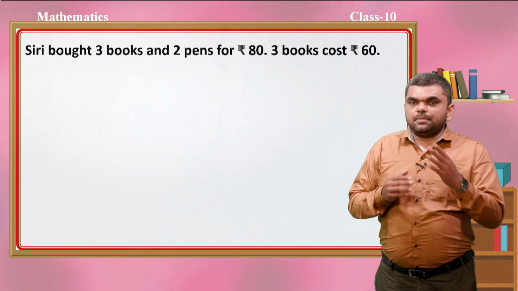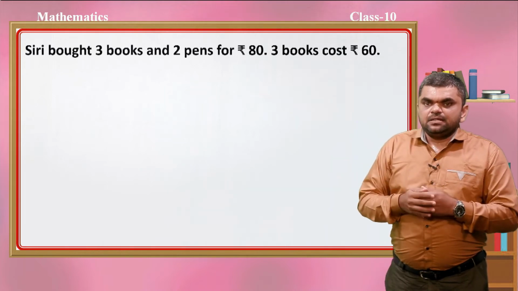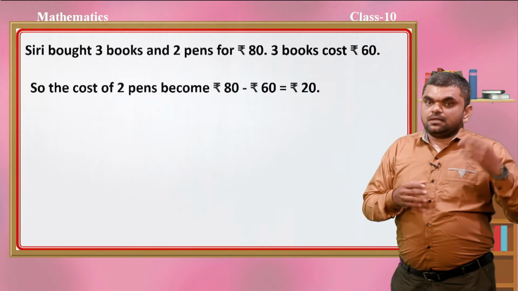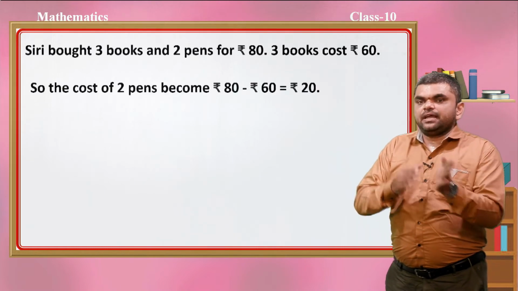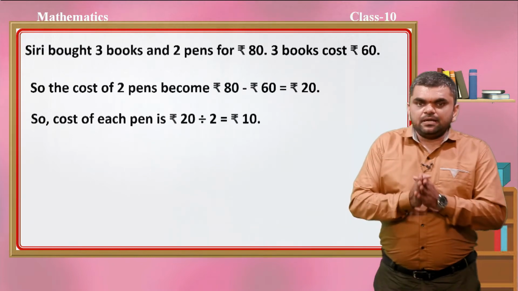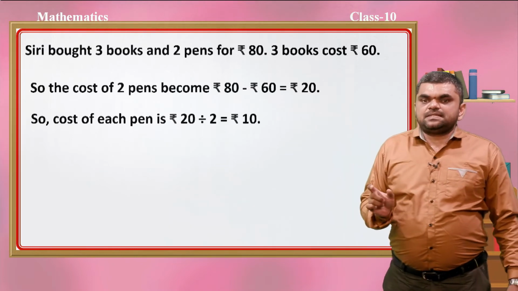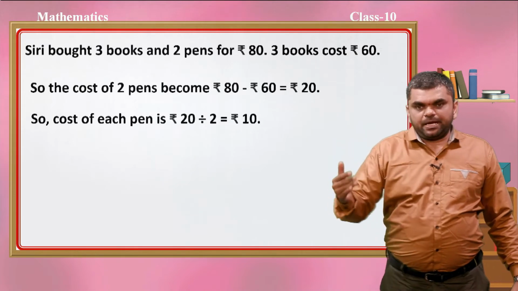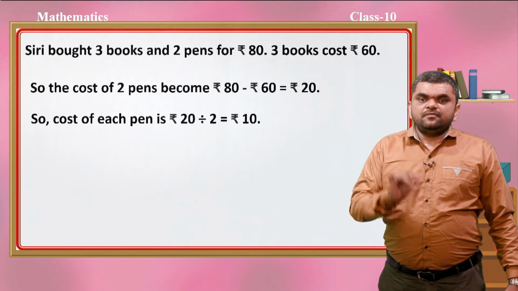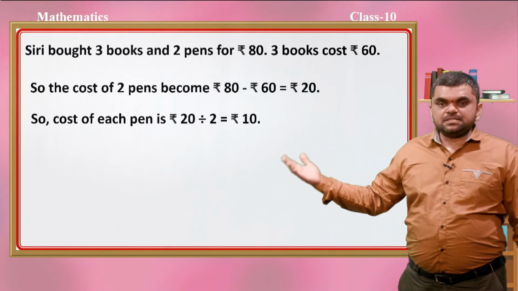Here Siri bought 3 books and 2 pens for 80. 3 books cost 60 rupees, whereas the cost of 2 pens becomes 80 minus 60, which is equal to 20, children. So the cost of each pen is equal to 20 divided by 2. That is, the cost of 2 pens is 20, whereas the cost of 1 pen is 10 rupees only.